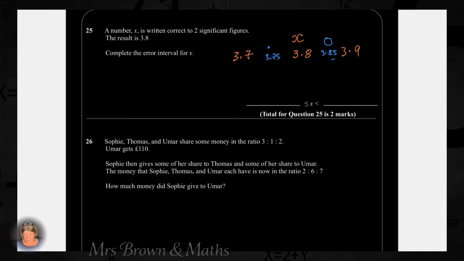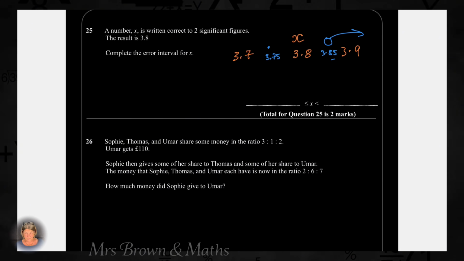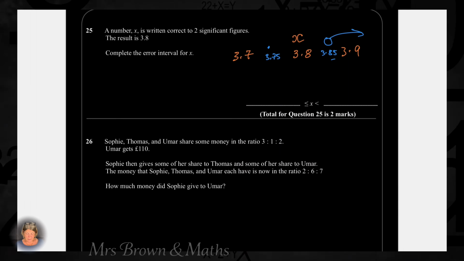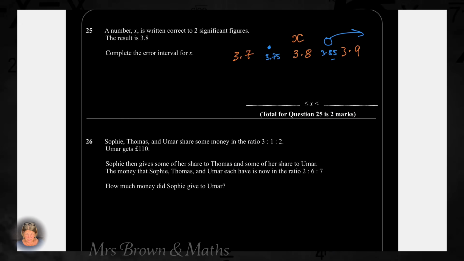So it won't include 3.85 in my inequality, and 3.75 will be included because 5 will round up to 3.8. Right, so just write it down.